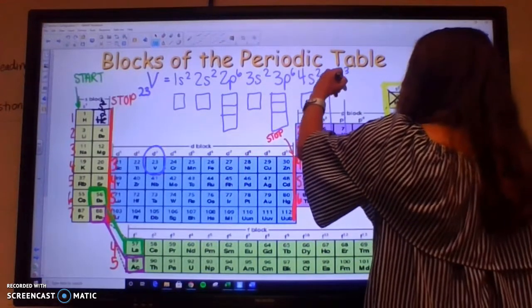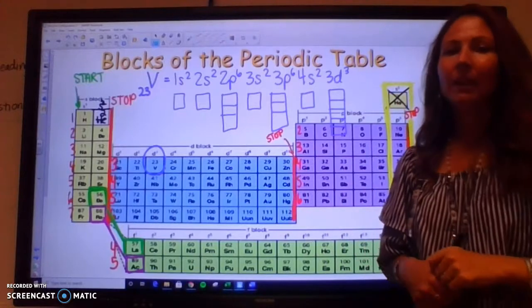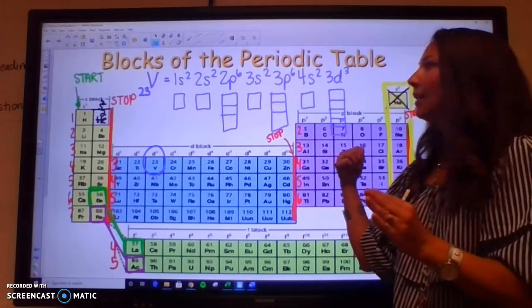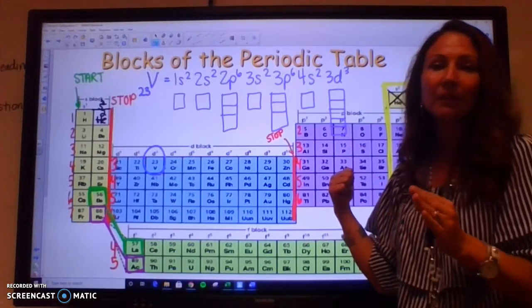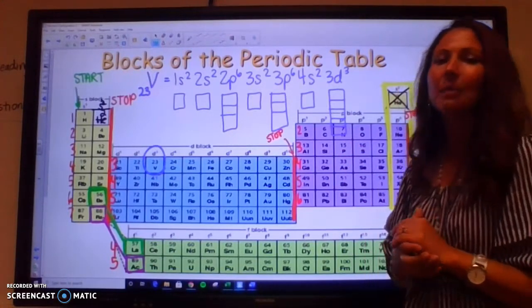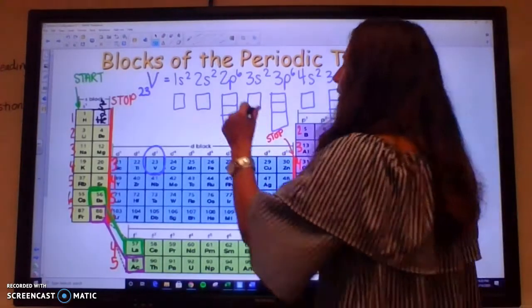Well, it's going to be 5 boxes. And don't forget, when you do these examples, they're going to go in your notes and not on your periodic table. So, hopefully, you knew not to write this on the periodic table, but if you did, try to erase it and put this in your notes.